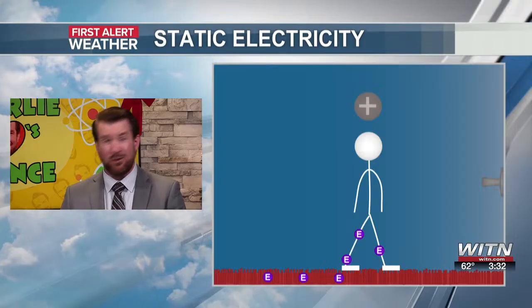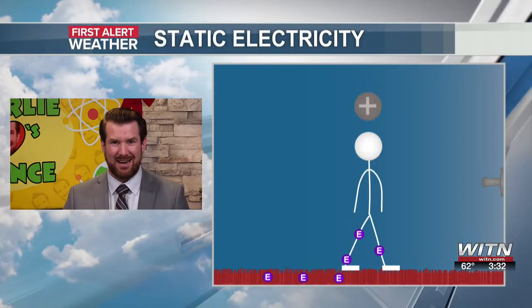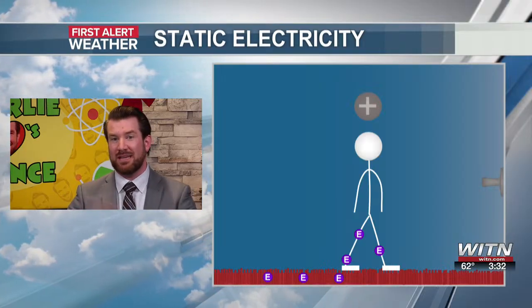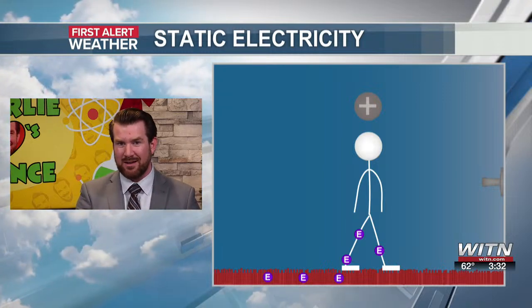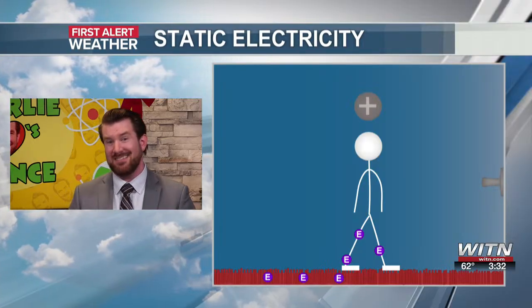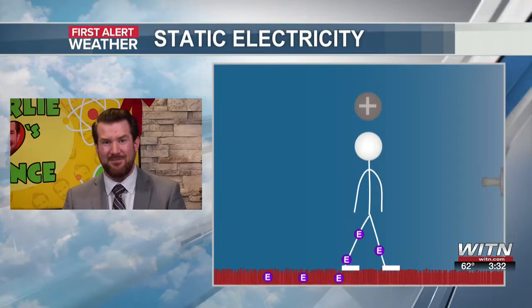Now, normally door handles or anything metal that we touch that creates that electric shock, or even another person, are also neutrally charged, but there is that charge difference because we have lost some of those electrons down through our body, down through our feet, and into the carpet. Now, us and the carpet are still neutrally charged, but those electrons have been displaced.